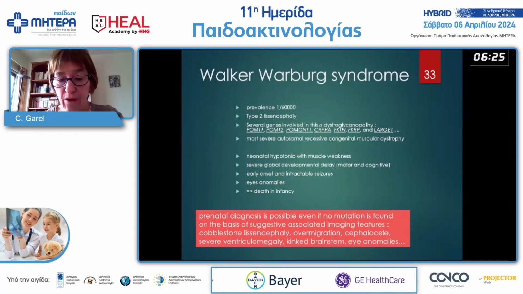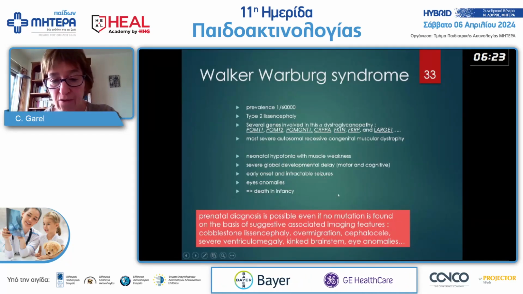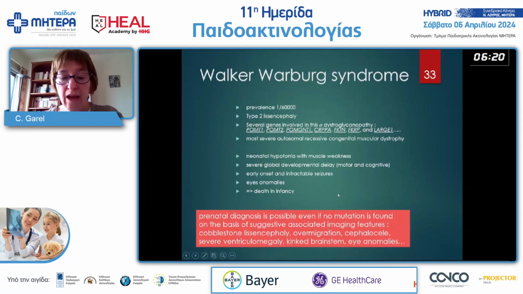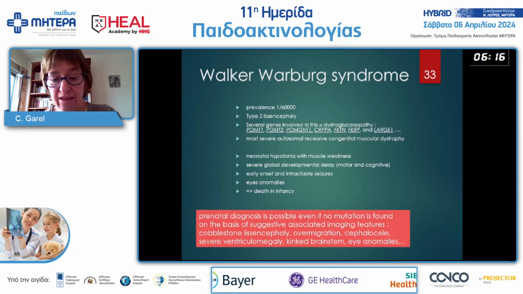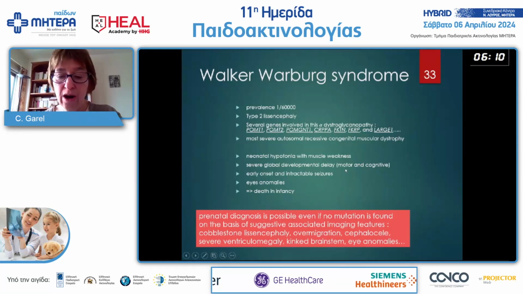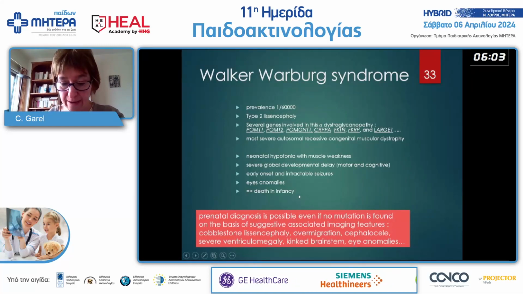Several genes are involved in this alpha-dystroglycanopathy. It is the most severe autosomal recessive congenital muscular dystrophy, and it is associated with a very poor prognosis, with a severe global developmental delay and death in infancy.